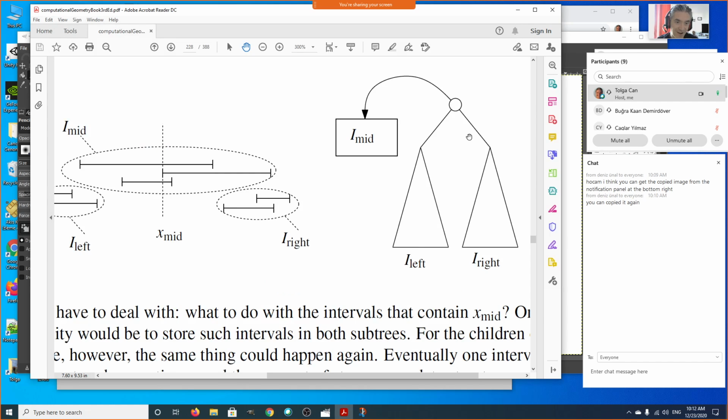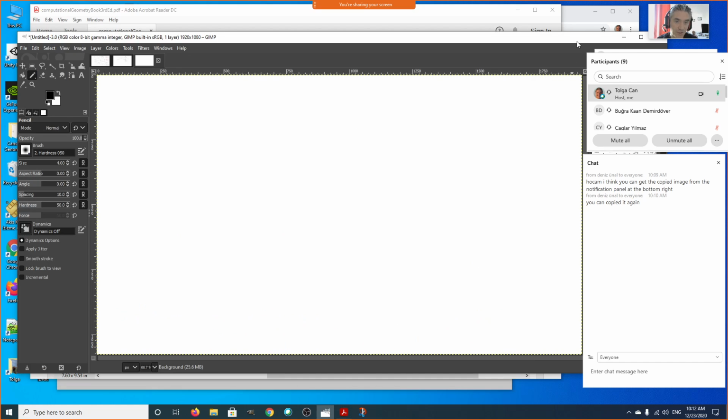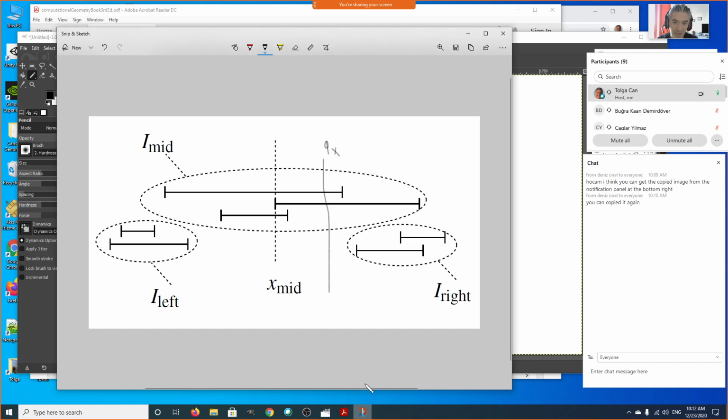If my tree's height is log n, I'm going to spend log n here. So when reporting the segments in IMID, I don't want to spend more than O(k plus 1) time, which means that I just want to touch the line segments that I want to report.